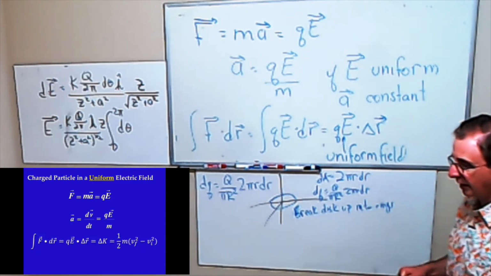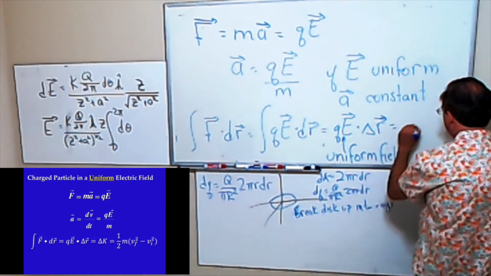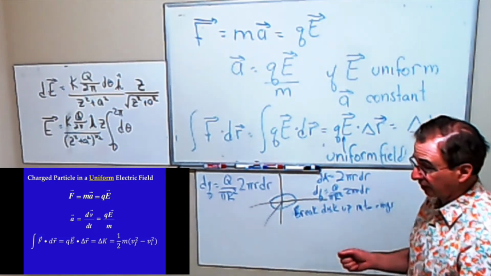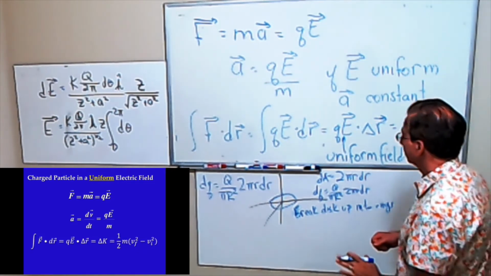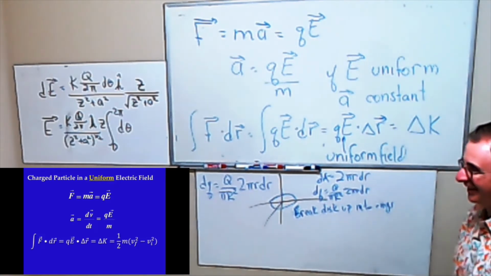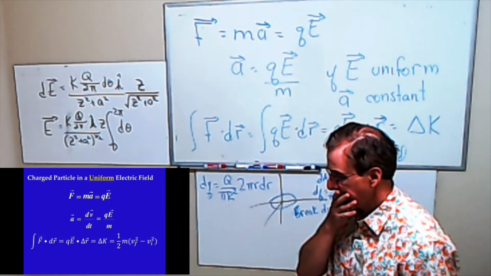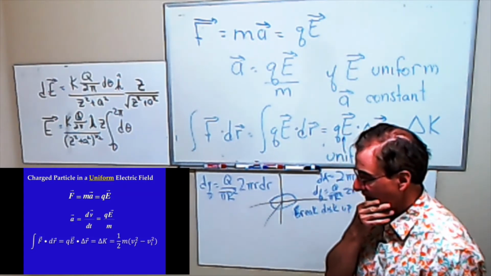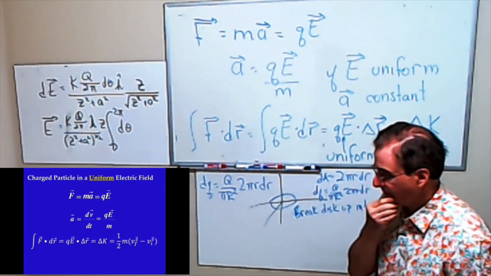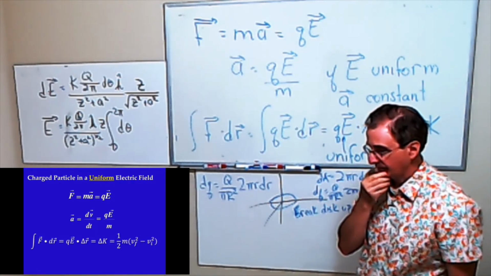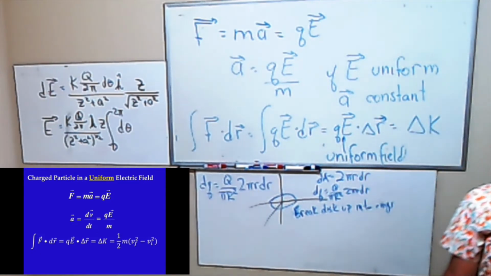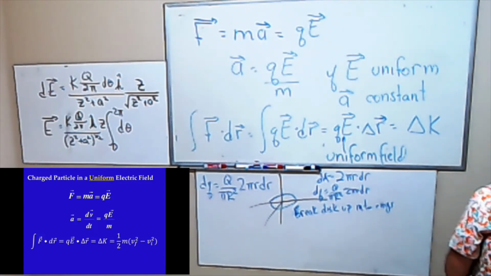And according to the work kinetic energy theorem, the work done equals the change in kinetic energy. So really this is basically the first six chapters in Physics 205. Are you okay with that?